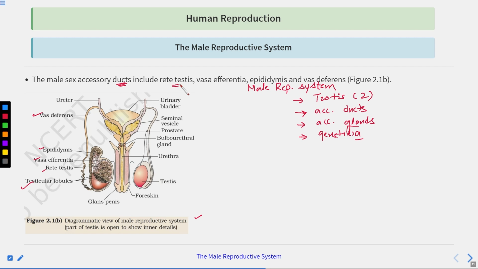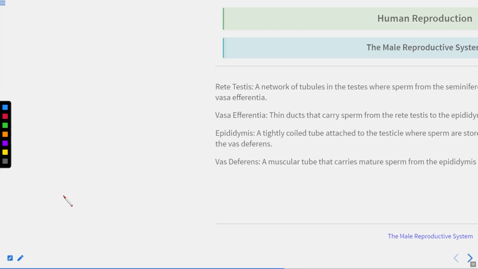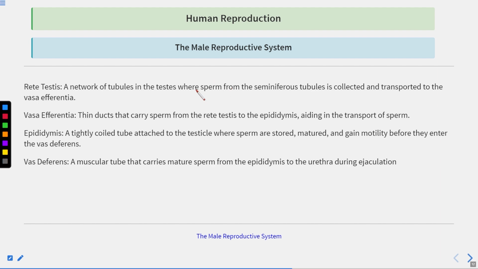It consists of the rete testis, vasa efferentia, epididymis, as well as the vas deferens. Okay, clear? So these are also present in the testes. So this is the testis. Now let's talk about what is rete testis.